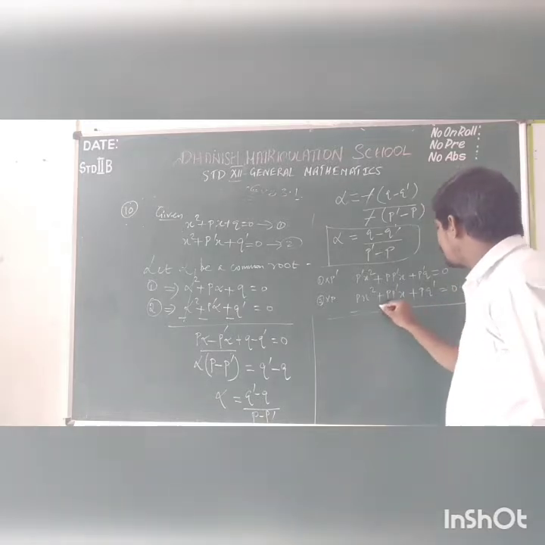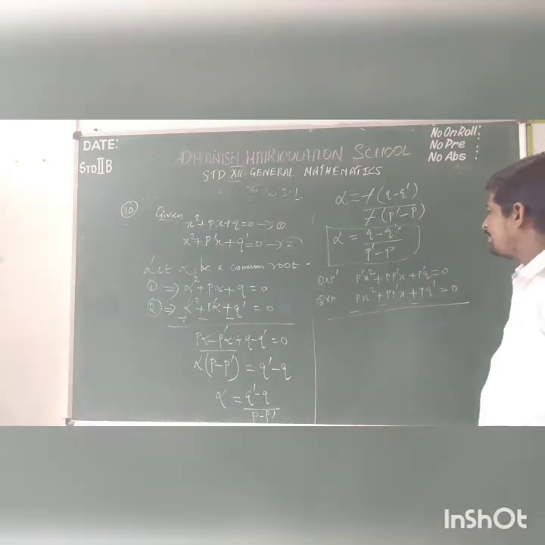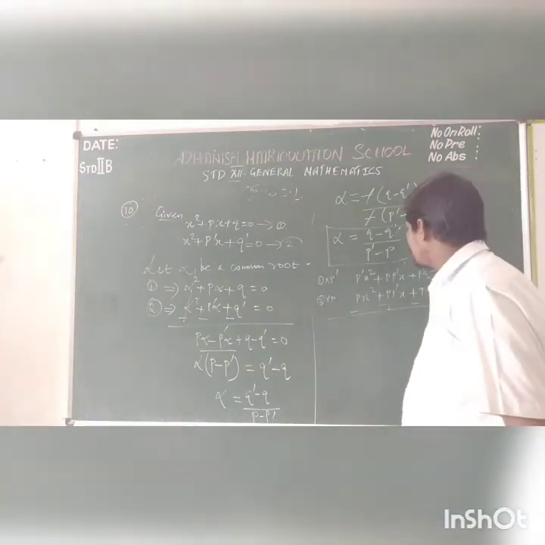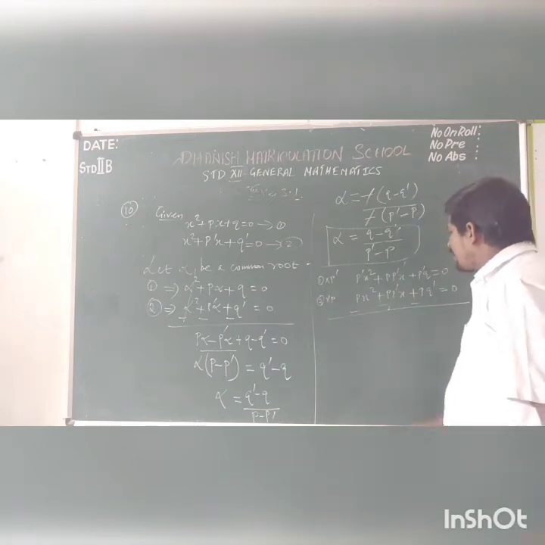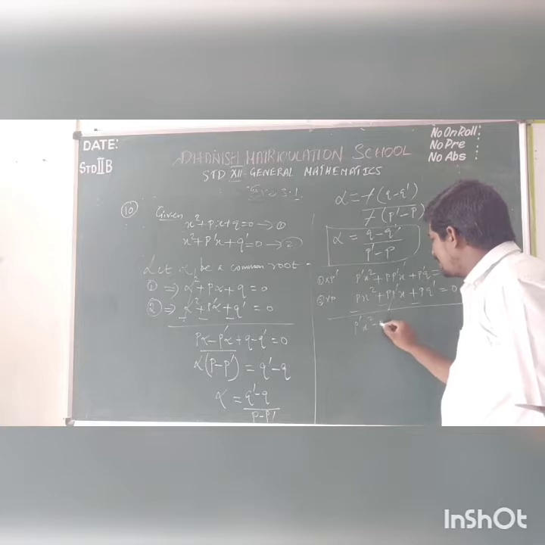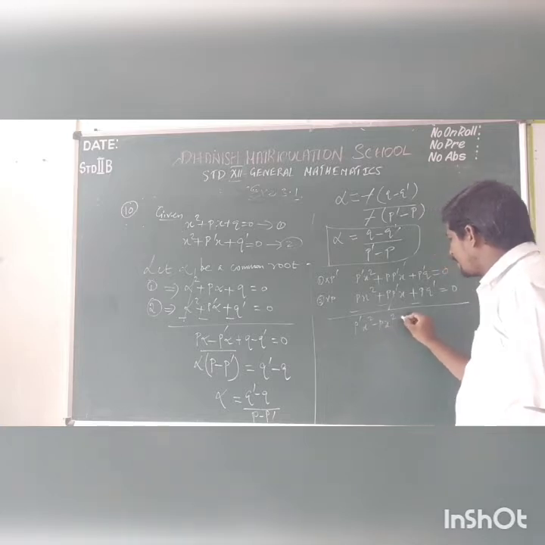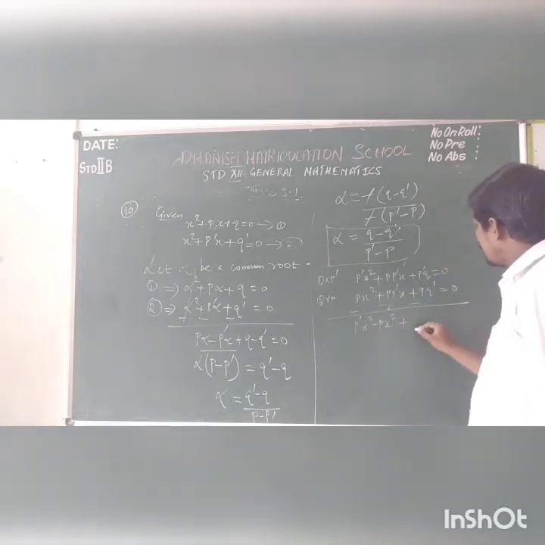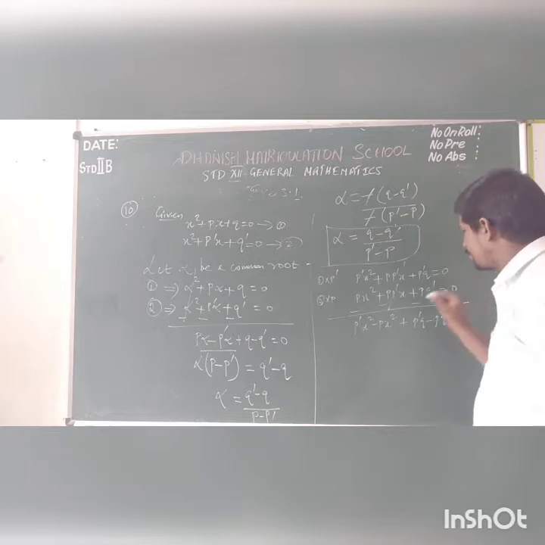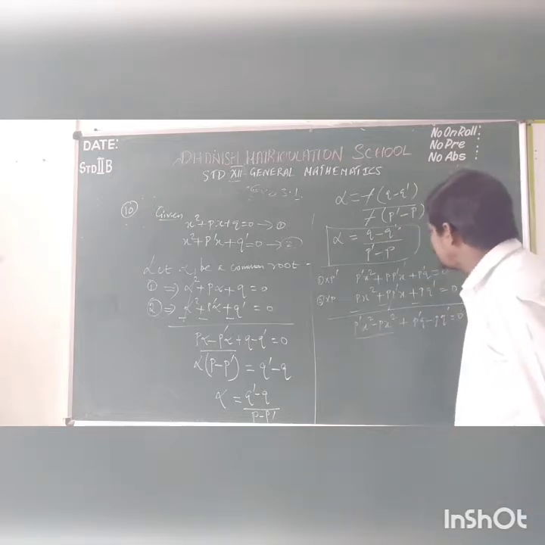Now I am going to change the sign of the second equation. So look at the second terms, they will get cancelled. Now what's the remaining? p dash x square minus p x square plus p dash q minus p q dash equal to 0.